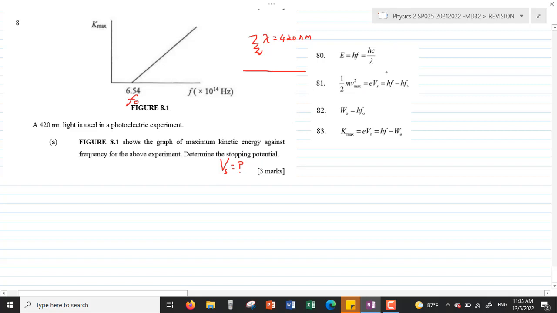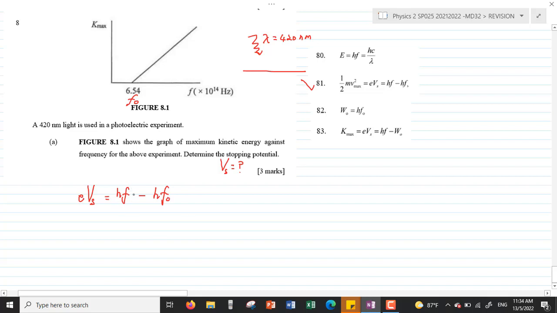If we refer to the list of formulas given, we might use equation 81, because we can get the threshold frequency from the graph. By referring to equation 81, eVs will equal to hf minus hf naught.